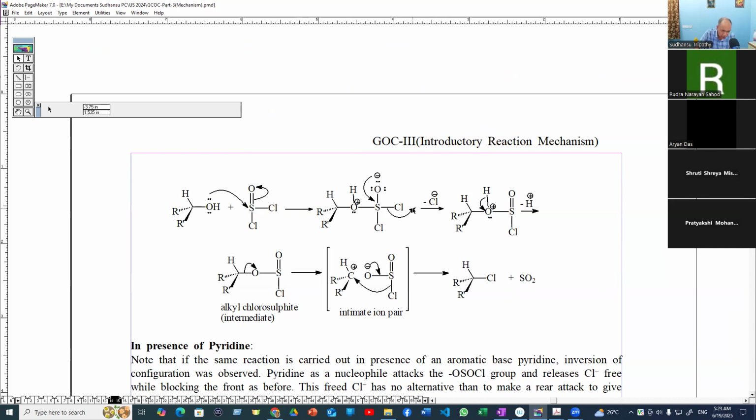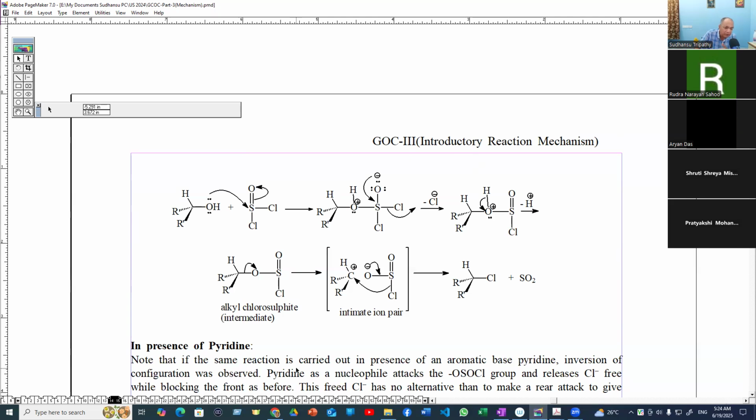Now it has two steps. First, the pi bond will polarize, and then it will come back again. Cl minus will go. Then deprotonation happens to produce a stable intermediate, which you can isolate. This is called alkyl chlorosulfide.